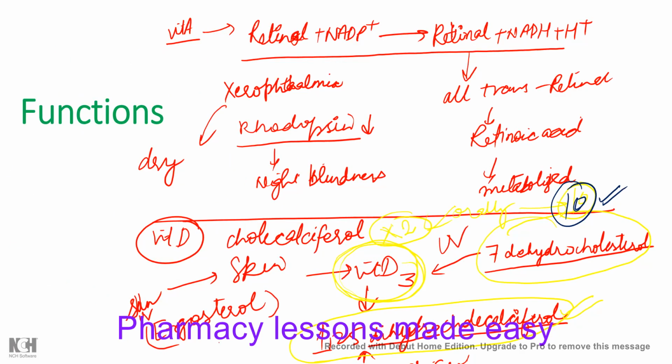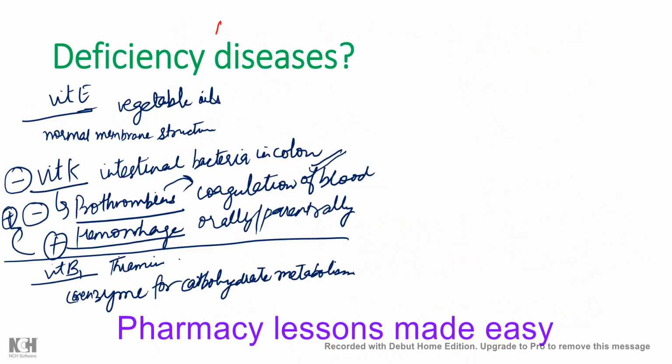Okay, so this is the most important function. It also helps in the metabolism and synthesis of pentose. Okay, so these are the functions of vitamin B1.